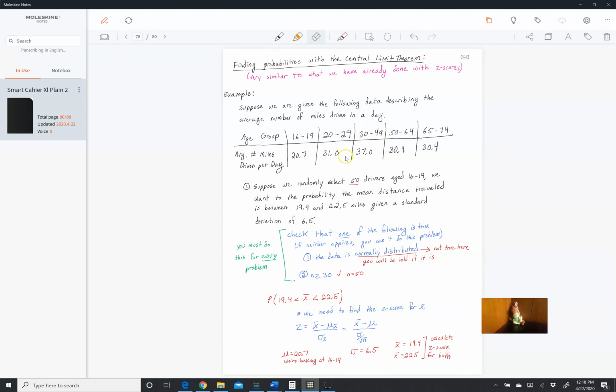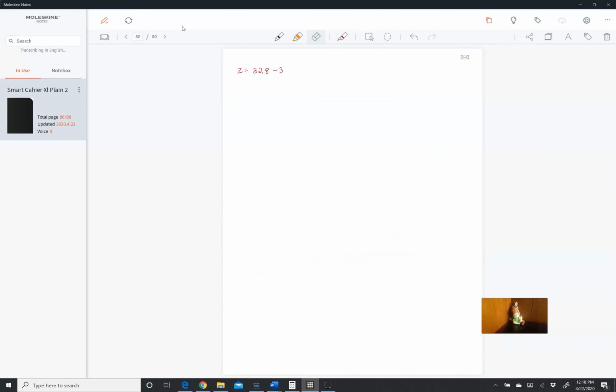So the mean of age 30 to 49 was 37 here. And then over that standard deviation that we calculated, which was 0.738. So we can go to our calculator. 32.8 minus 37, and then divide by 0.738.